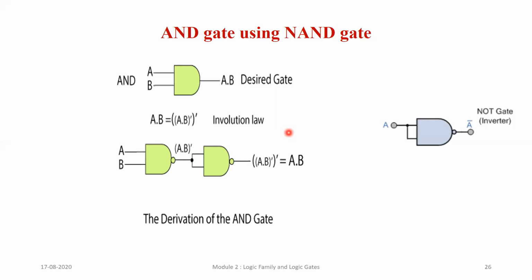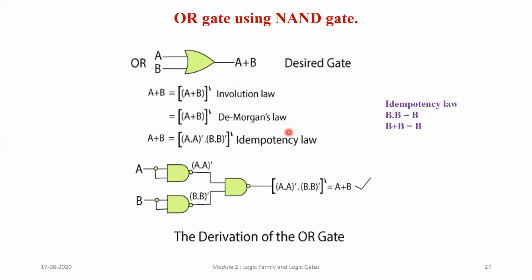Now the third one is OR gate using NAND gate. The simple operation of OR gate is AB, and I give it to an OR gate, so I have A plus B. See the diagram over here.